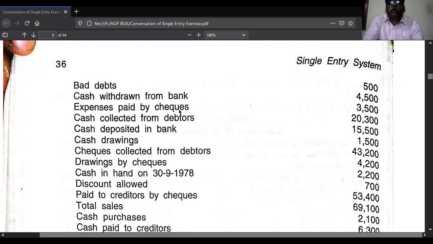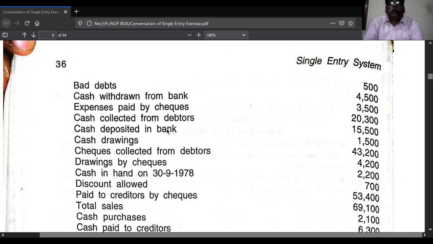Expense paid by check. Payment is made by check. Therefore, in the bank account by expense. Then in the P&L account you take it in the debit side. Cash collected from debtors: debtors account credit side by cash, and in the cash account debit side to debtors account.